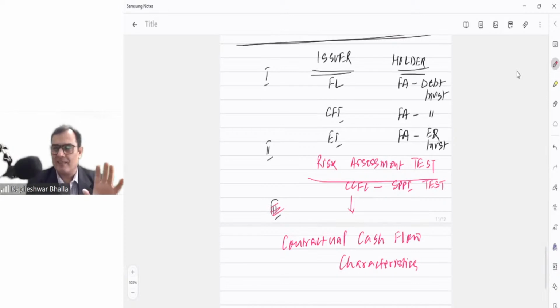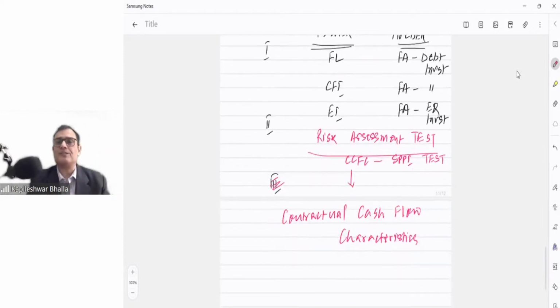Now, what is that CCFC? Don't get bothered about that. We'll understand what CCFC is very shortly. But you need to conduct what you call a CCFC. We need to see the contractual cash flow characteristics.